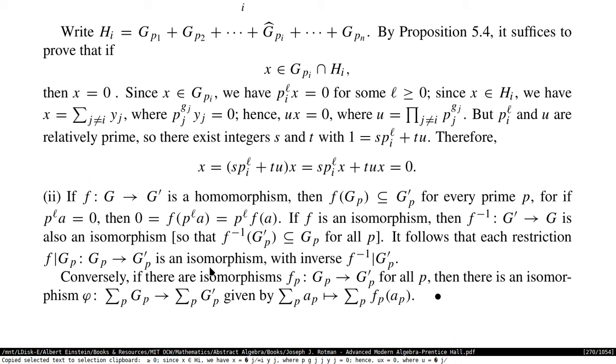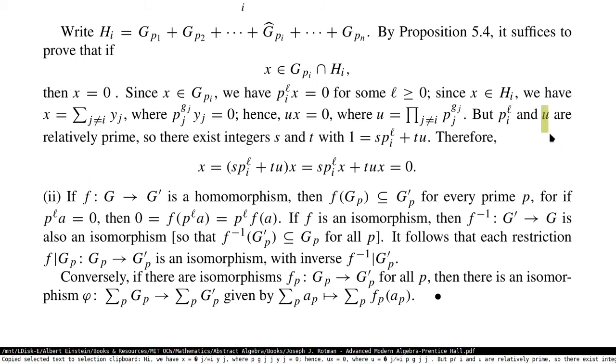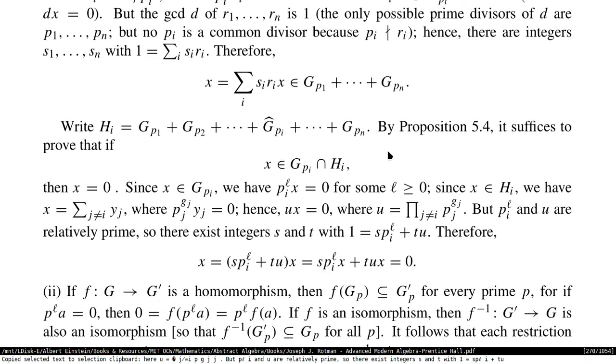As their GCD is 1, you can write 1 as the linear combination of these two things, the linear combination of pi to the l and u. U is just the product or whatever of the other set of primes. So you have two sets of primes which are themselves relatively prime, and you're trying to form a relationship between them. So this is the GCD of those two things for some integers s and t.